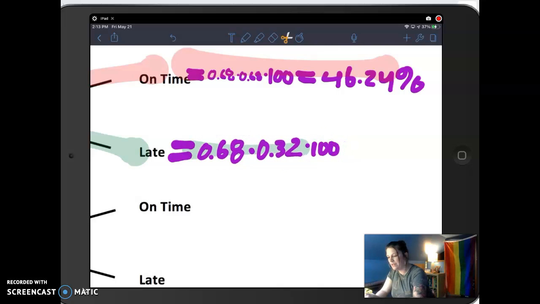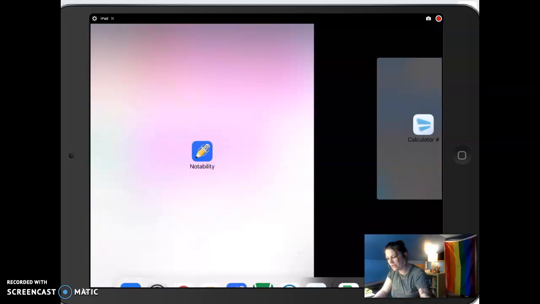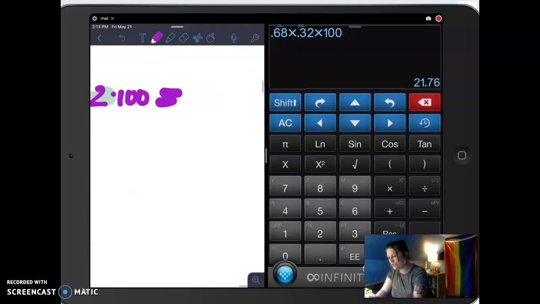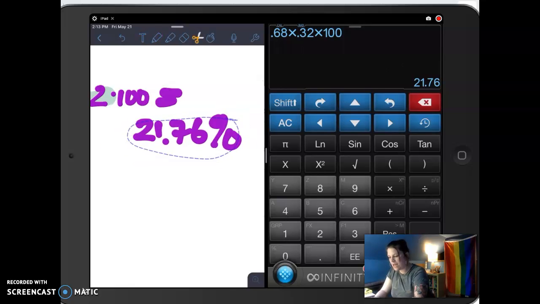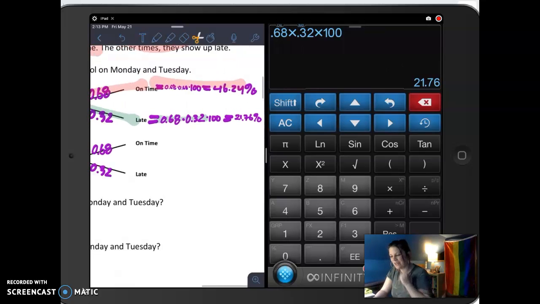Means the same thing. All right, let's get that calculator split screened after that. So we got to change just the second number to 32, and we get 21.76. So it's 21.76%. All right, putting that there. There we go.